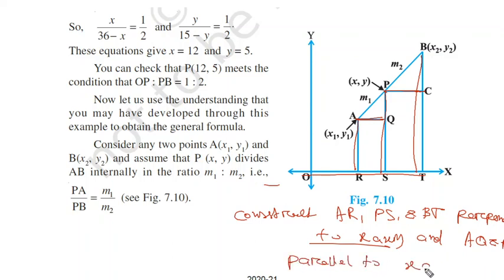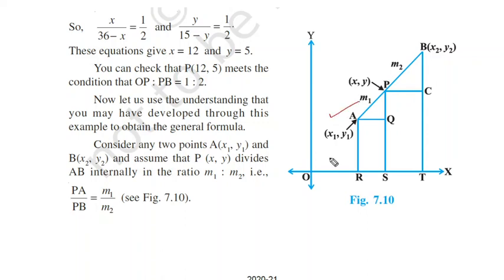This much we have to construct. After constructing, we will get a figure like this. So now we can clearly see there are two triangles, triangle PAQ and triangle BPC.